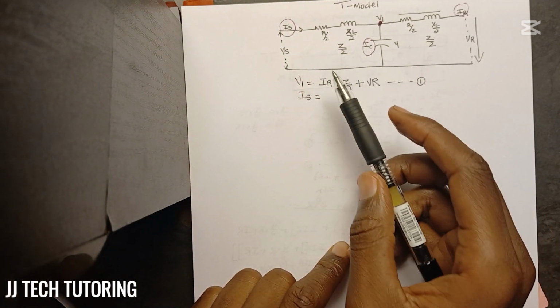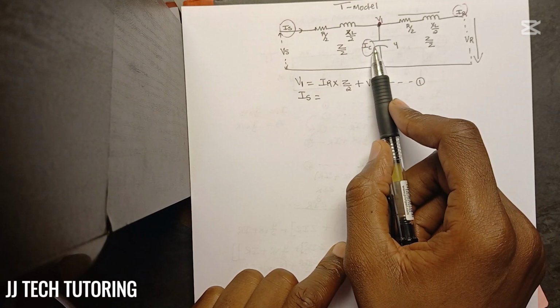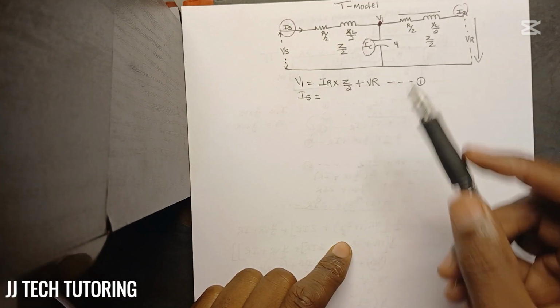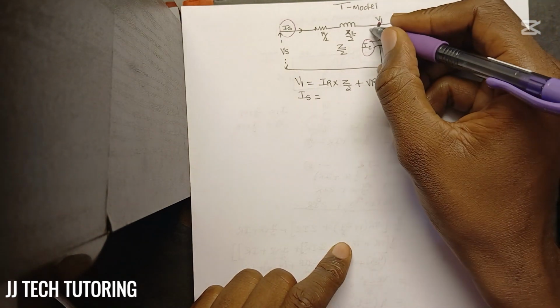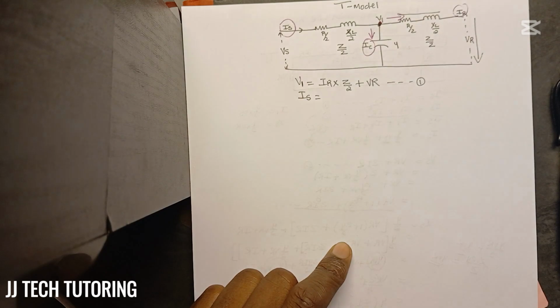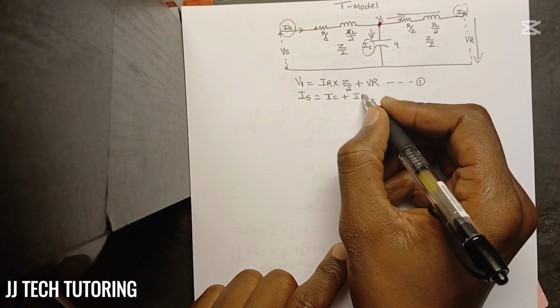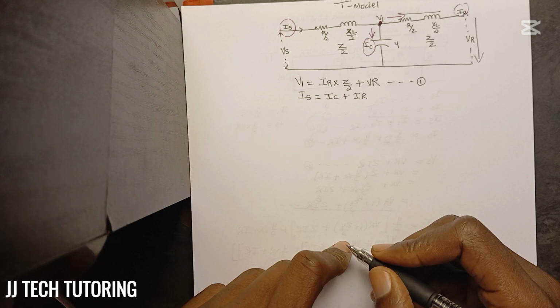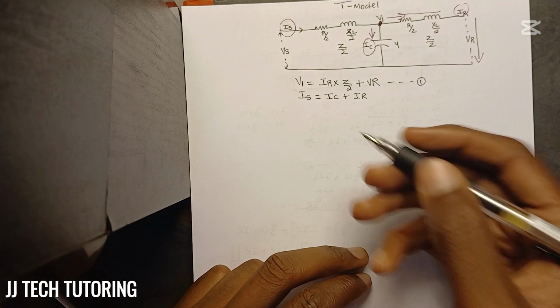IS is equal to the current that is here plus the current that is there, right? So it's this current and that current, so it's plus IR. Now what is our IC?